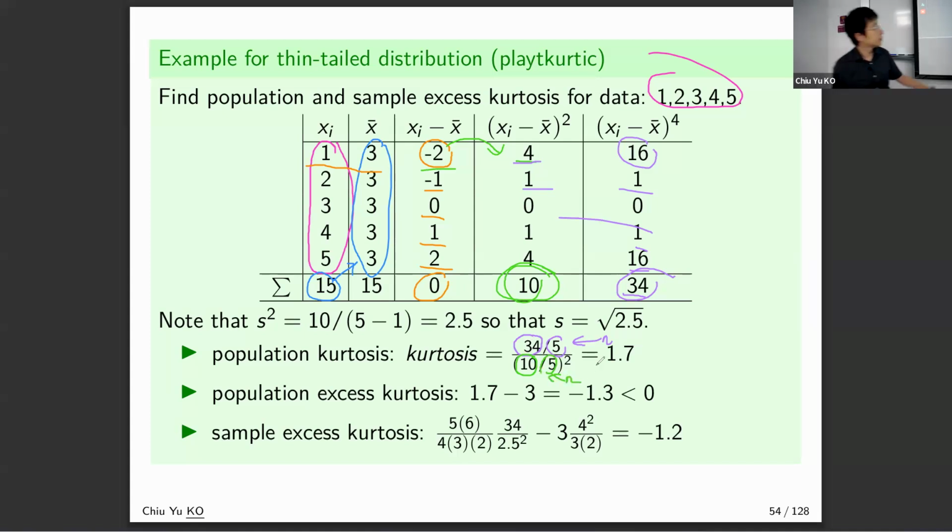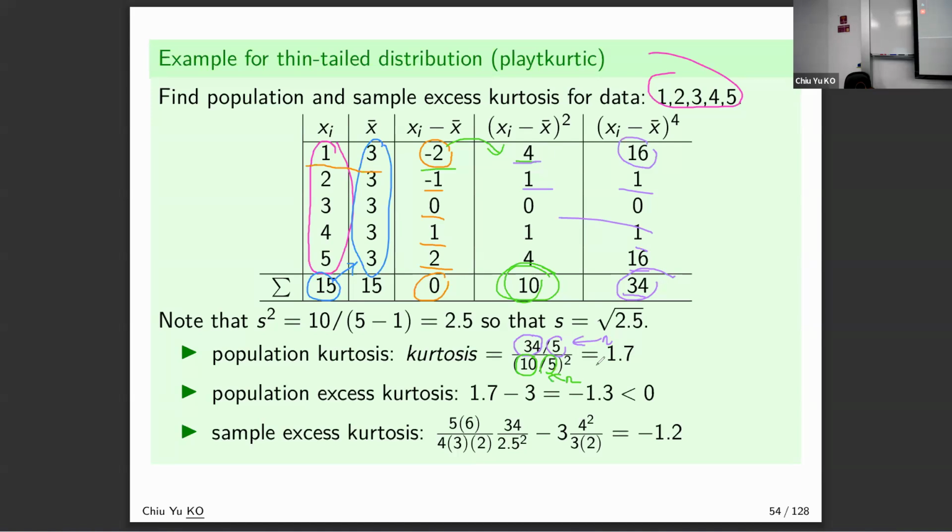This gives you the variance, variance squared, right? So this is how you calculate the population kurtosis, which is easy. And the excess kurtosis, minus 3, is -1.3. That means this is much thinner, the thin tail, not fat, thin.